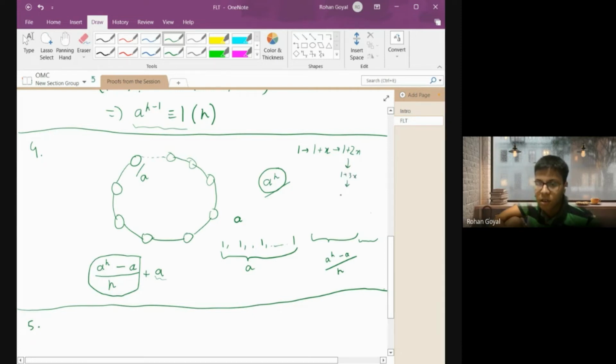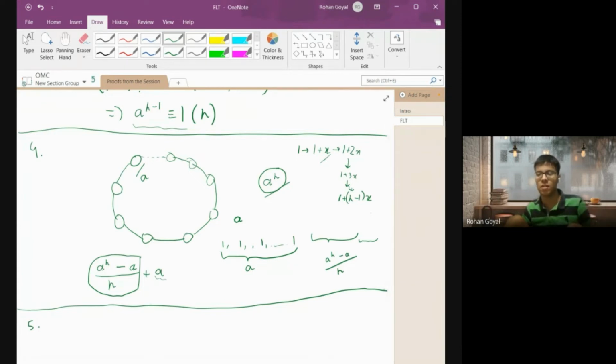And so on until 1 plus (p minus 1)x must also have the same color. But since it's rotation by x and it's mod p, you're covering everything. You're saying that everything should be the same color if it does not change under rotation by x amount.